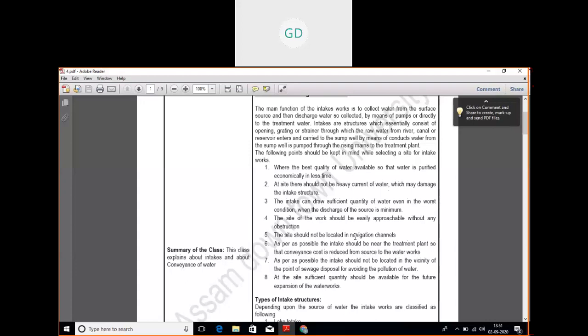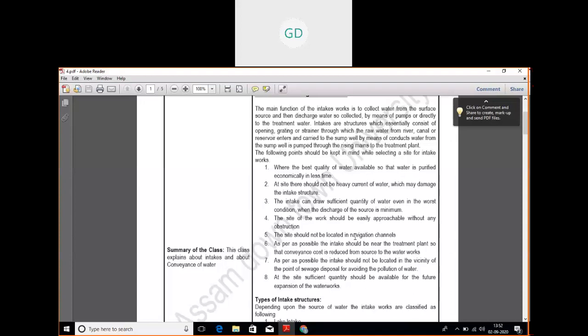If it is located in the purer zone, the load on the treatment plant will become less. If you already provide some clear water, then obviously the load on the treatment plant will become less. So it is told to construct the intake in the purer zone of a source.